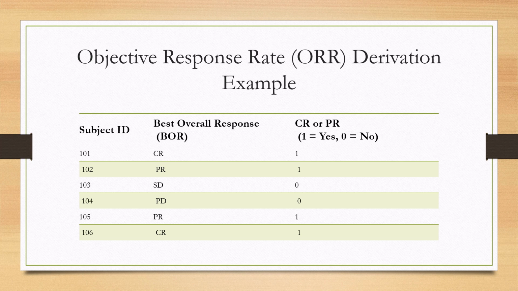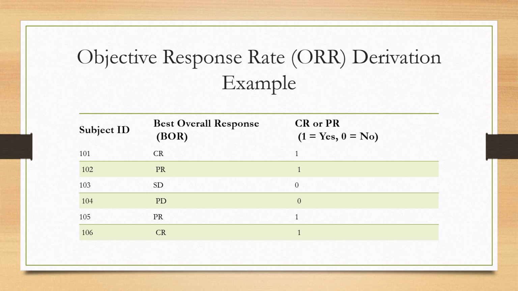So in this example, you can see that subjects 101 and 102 are experiencing CR and PR, as well as subjects 105 and 106 are also experiencing PR and CR. So in total, these 6 subjects will be considered as the total evaluable subjects, which will be the count which we will use for the denominator.